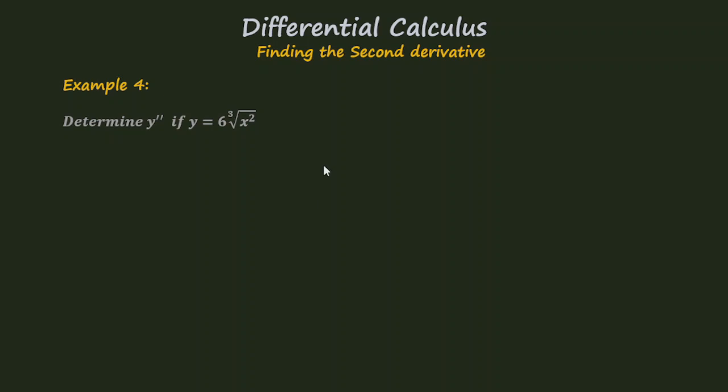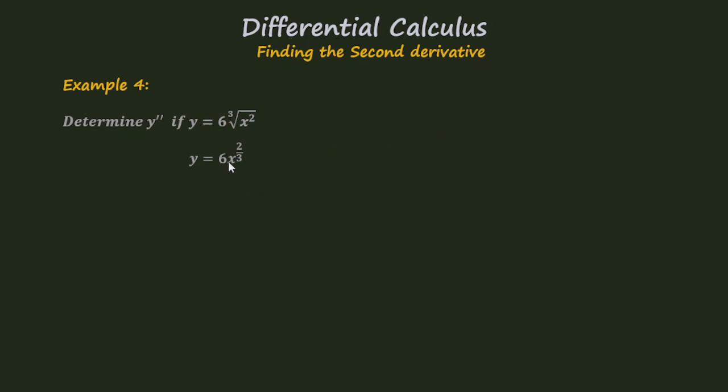Like in the previous example, the general rule for differentiation does not provide for a cubic root of some function. In order for us to find the derivative of this function, we have to use the laws of rational exponents to simplify this expression to be in the standard form.